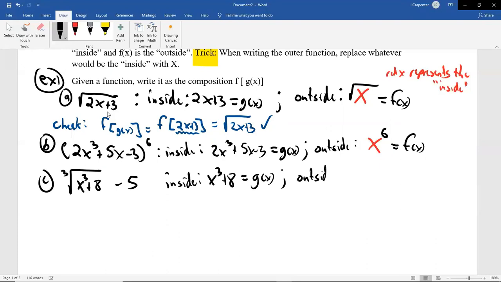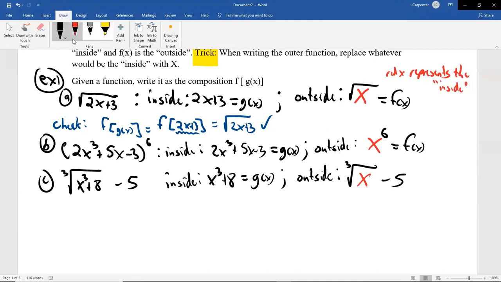And then our outside is everything else. Just what we called the inside is now a red x, and you go back and you write the original function, but instead of writing the x cubed plus 8, just write the red x. So our outside function, it's the cube root of x, then a -5.